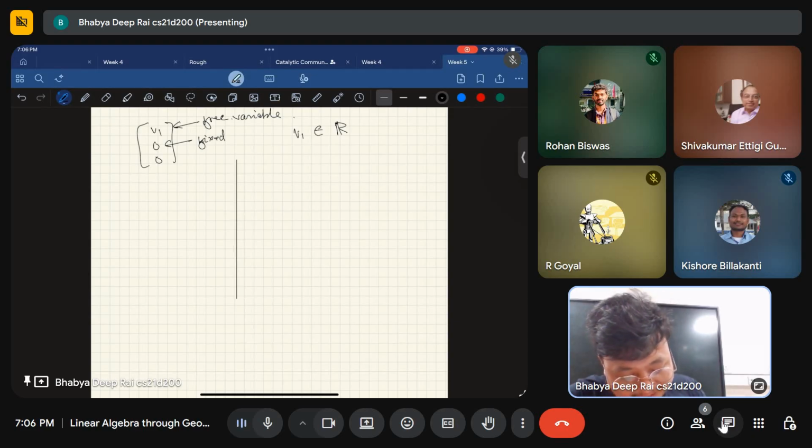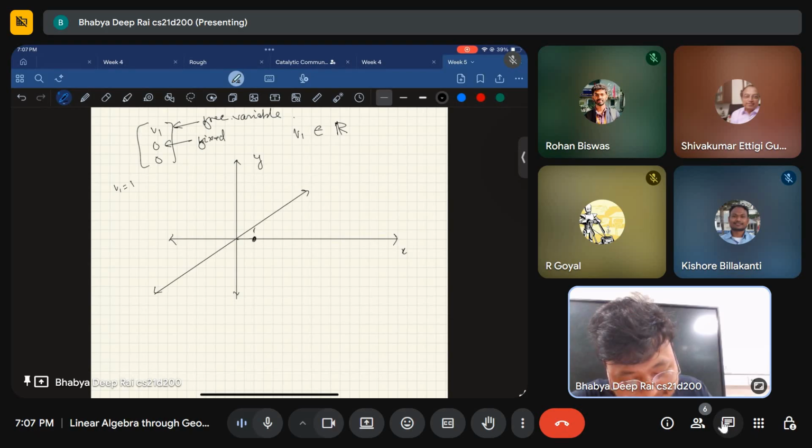So if I plot it, I'll just look at the simplest case, when v1 is equal to 1, then it becomes 1, 0, 0. So in x it is a 1. This is the x-axis, this is the y-axis, and this is the z-axis.